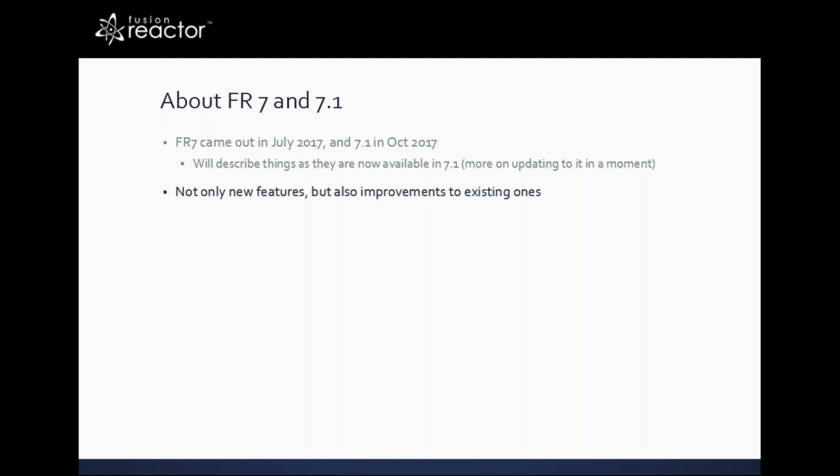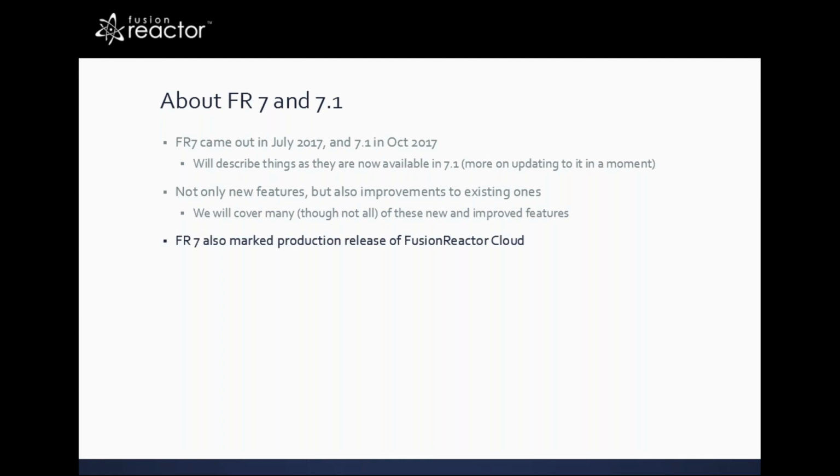I also want to point out that there are not only new features in 7 and 7.1, but also improvements to existing features. We're going to cover many of these, not all of them. We don't have time to cover everything, but we'll cover many of these new and improved features in this presentation. We'll also mention briefly towards the end how FusionReactor 7 marked the production release of another adjunct product called FusionReactor Cloud.